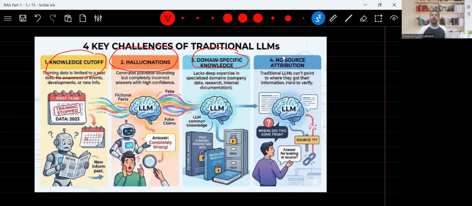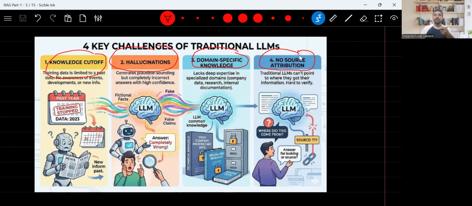And no source attribution. That means traditional LLMs cannot point to where they got their information. Hard to verify. We cannot say, hey LLM, where did you get this information? You have given some answer to me. Where did you get it? It cannot give the exact answer.